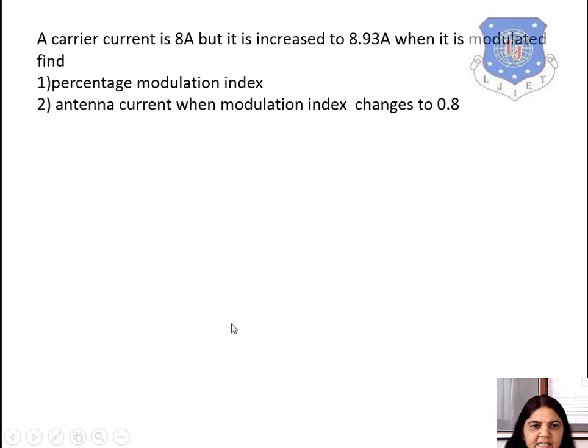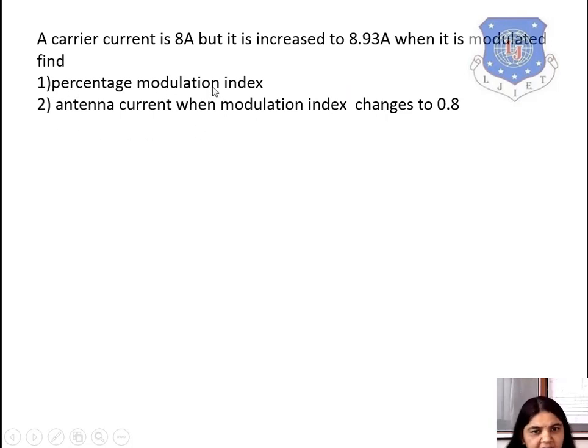Now we'll solve the example. It is again the example same like other examples. You can solve it using this relationship. A carrier current is 8 ampere, but it increased to 8.93 ampere when it is modulated.